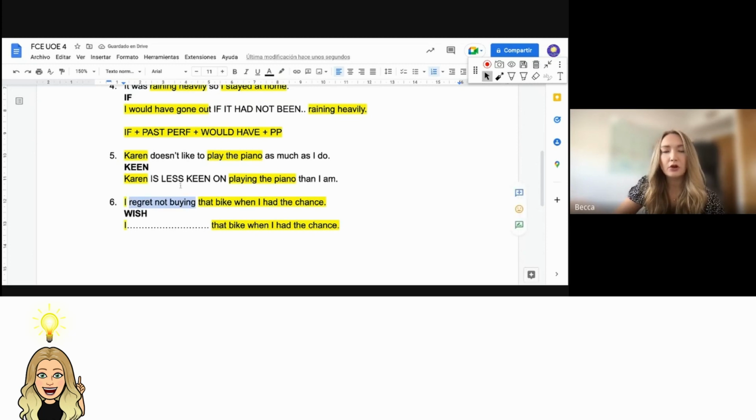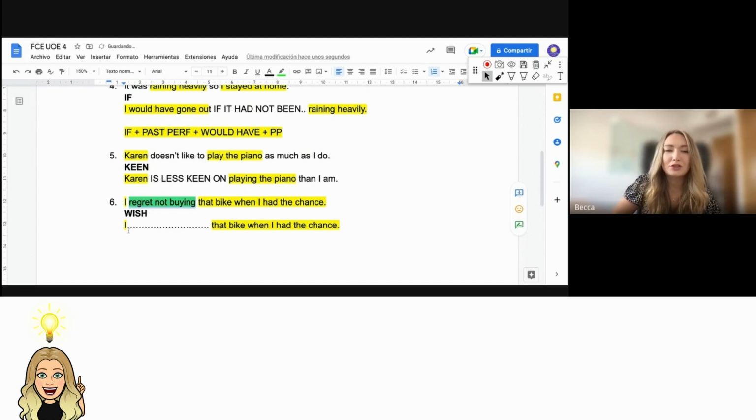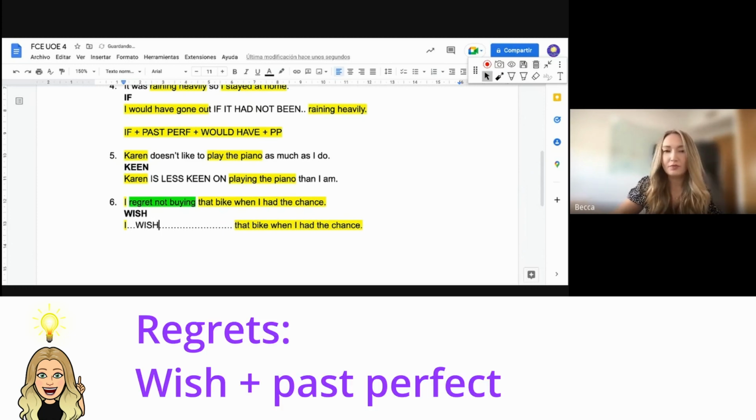Regret not buying. Okay, we have the word wish. So we have a subject, I, and then a verb, I wish. When we regret something about the past, we use I wish plus the past perfect. Remember, we said past perfect is the verb had, and then the past participle.